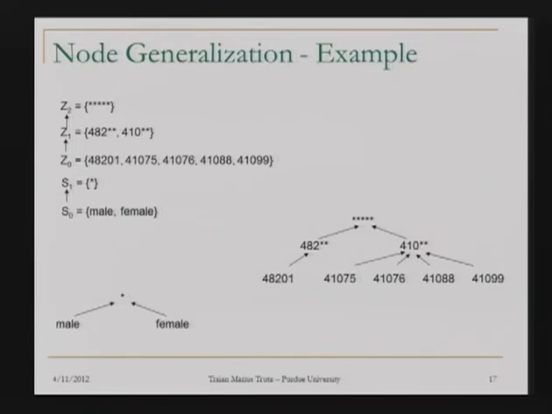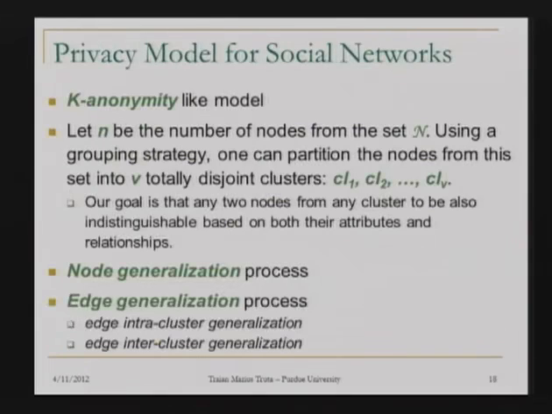So 48201 can be generalized to 482, and then you don't know the last 2 digits, and so forth. And what we have here are value generalization hierarchies in the bottom and domain generalization hierarchies in the top, and those are well known from prior work. Latanya Sweeney and Pierangela Samarati introduced them before.